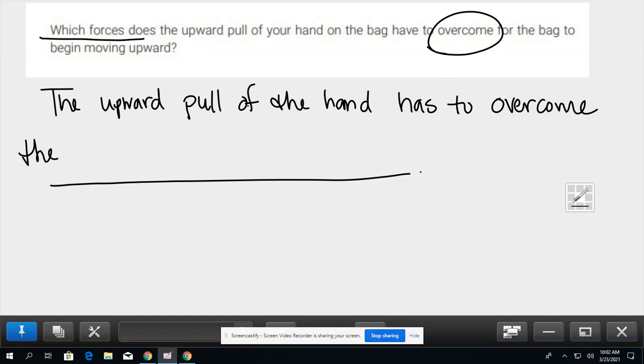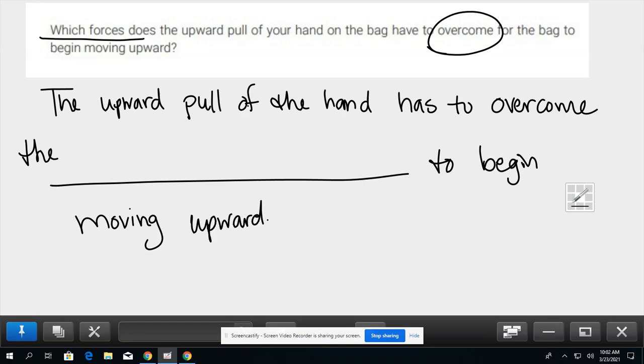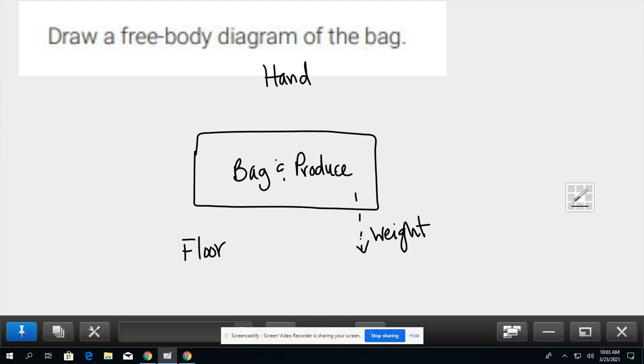So what does that hand have to overcome? What force does it have to overcome? Think back to this picture right here. The hand is pulling up and needs to overcome whatever is pulling down.